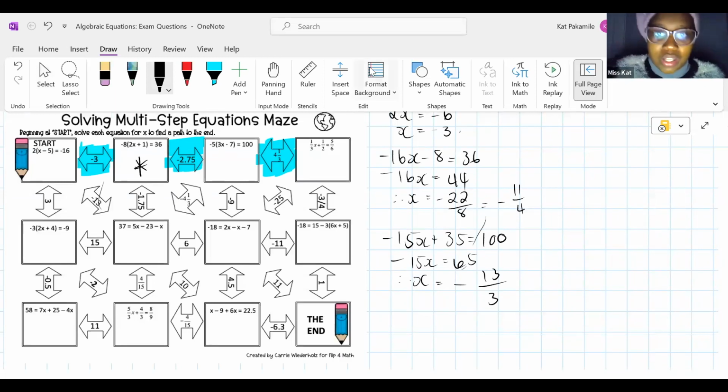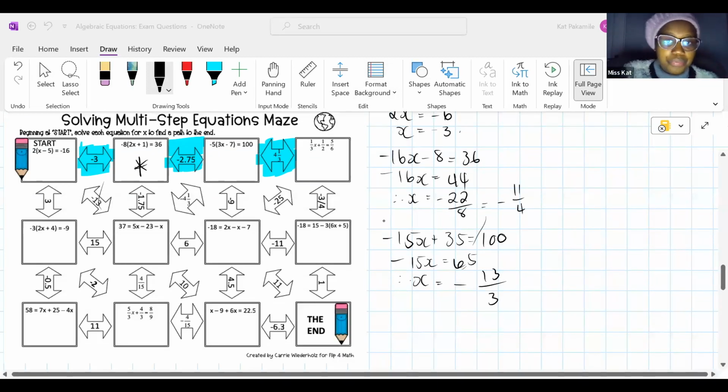How do we do the next one? Or rather, what's the answer? The clue is the LCD is 6. Let's hear where we're moving.